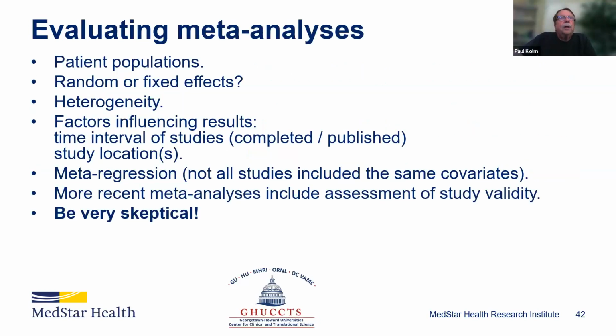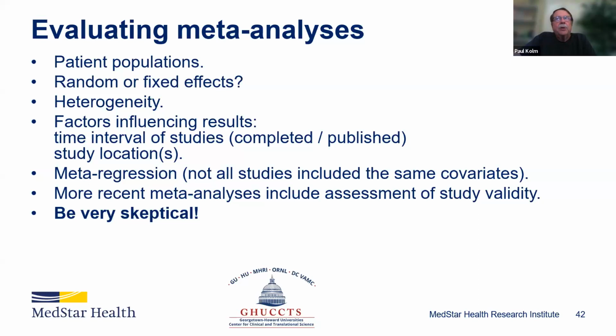So if you are looking at meta-analyses or reading published meta-analyses, as far as evaluating them, as we talked about, you probably first of all want to look at patient populations. Are the treatment groups the same as far as the patients go?